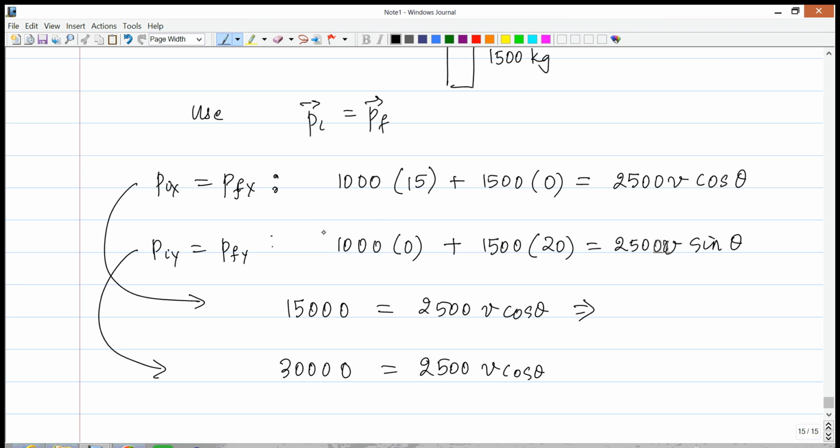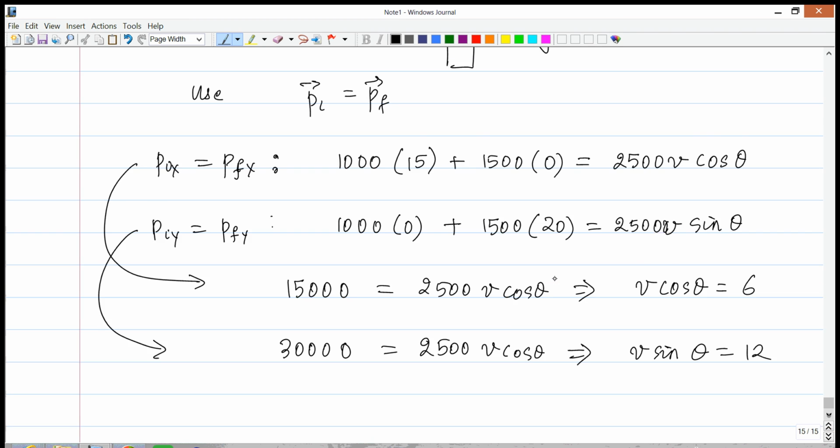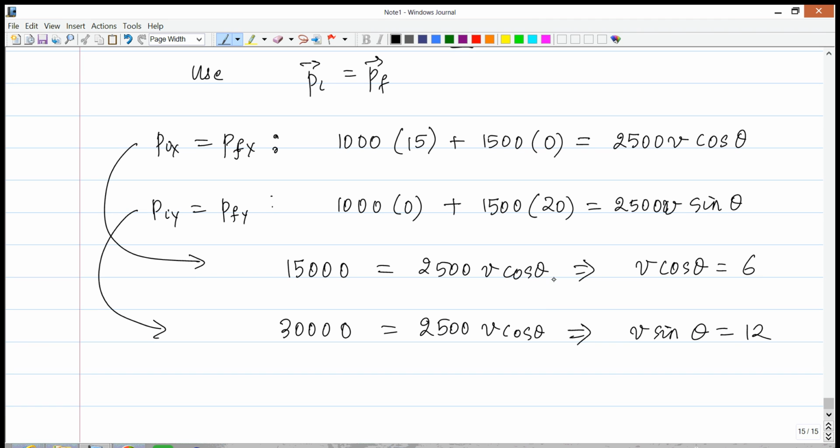Now I can divide both sides by 2500 and get v cosine theta equals 6, and doing the same thing here gives me v sine theta equals 12. So we're in business now, and we can figure out the rest. We have v cosine theta equals 6 and v sine theta equals 12.